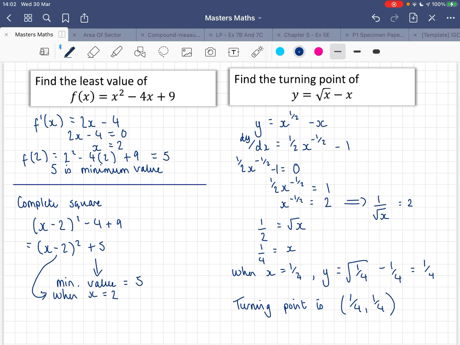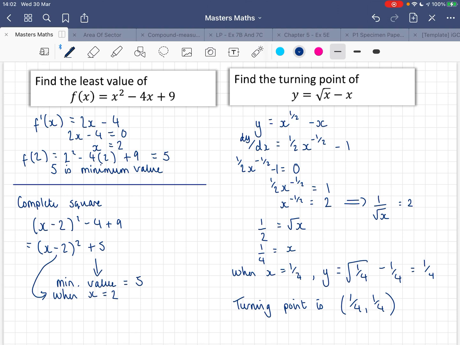Same thing. Turning points, the key thing to remember is that a turning point, a stationary point, no matter what terminology they're using to describe it, it always means that the gradient is equal to 0. So differentiate, put it equal to 0, solve it. Find x, put your x value back into your original function to find the corresponding y value. That's the key steps each time.